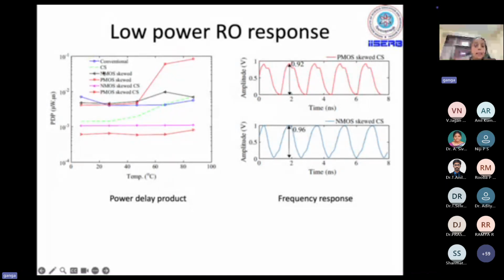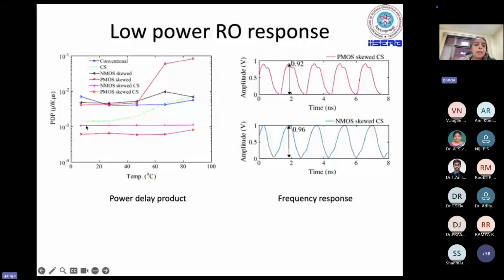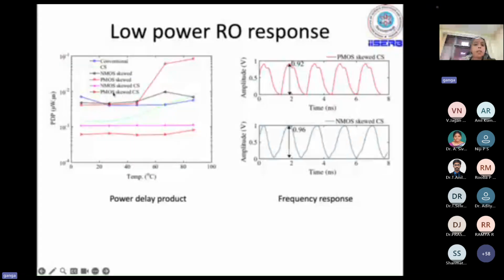As you can see, the conventional design, CS stands for current starved design, NMOS skewed, PMOS skewed, and then the last two are the novel designs that we have implemented, that is NMOS skewed CS, PMOS skewed CS. These last two designs are showing relatively low power delay product, meaning their performance is much better than the other conventional designs. In fact, it is preserving the advantages of both low power as well as high speed.